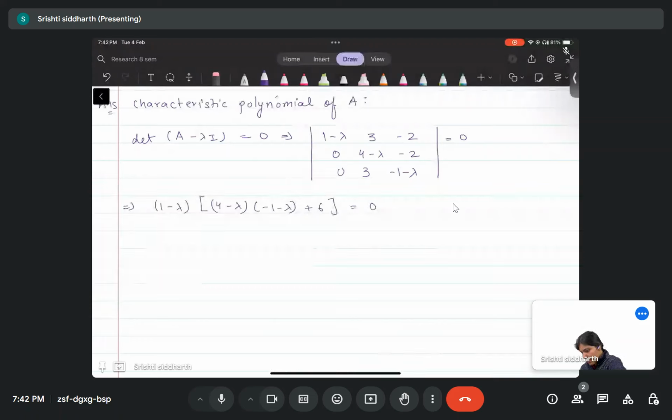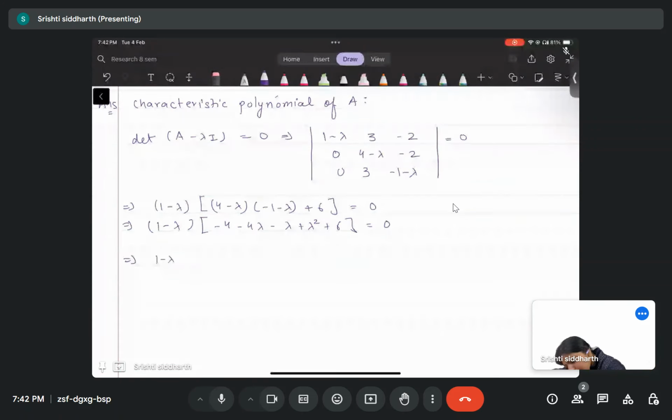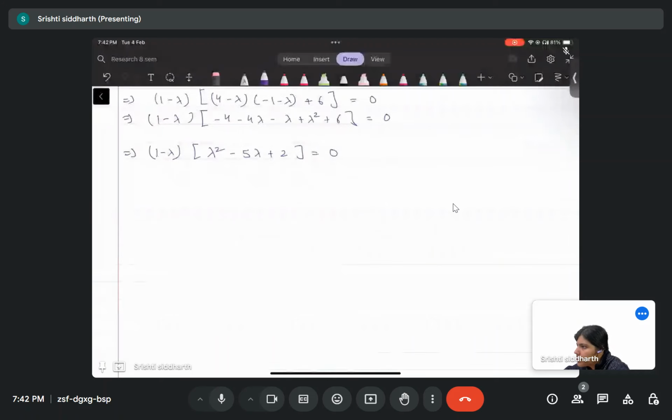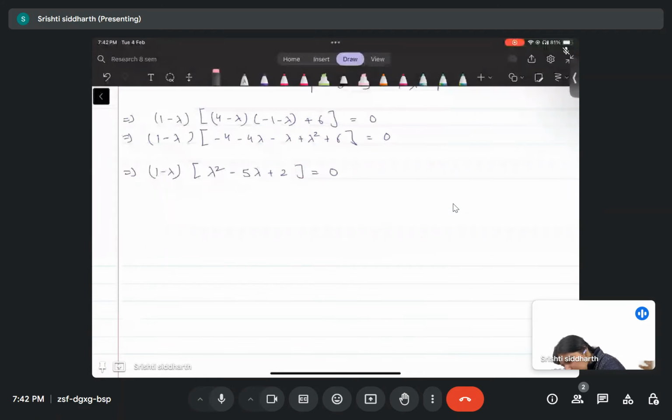So let's simplify this. Lambda square minus 5 lambda plus 2 equals 0. Just check this. So this is plus lambda.